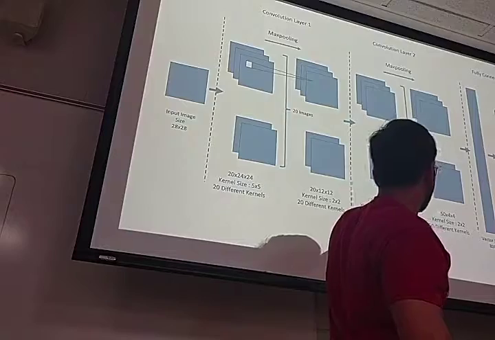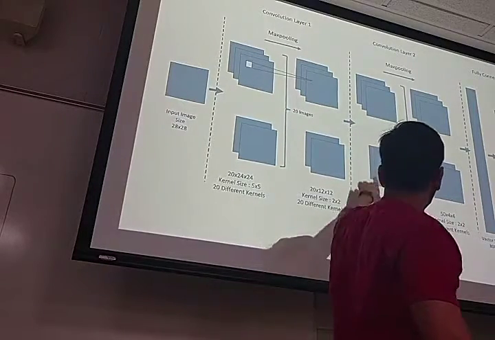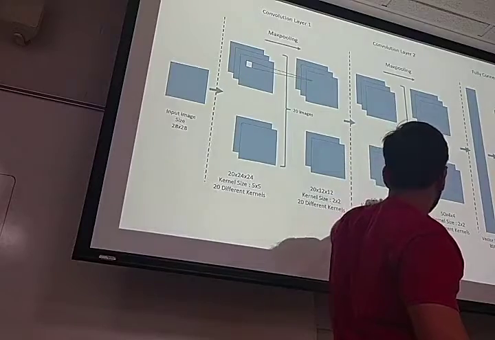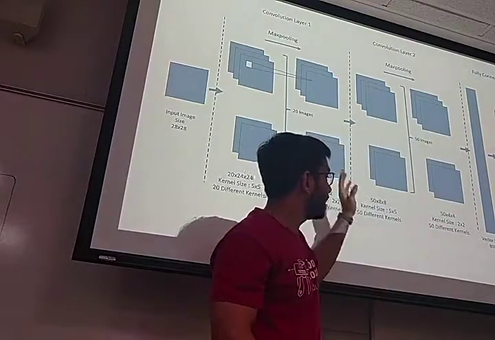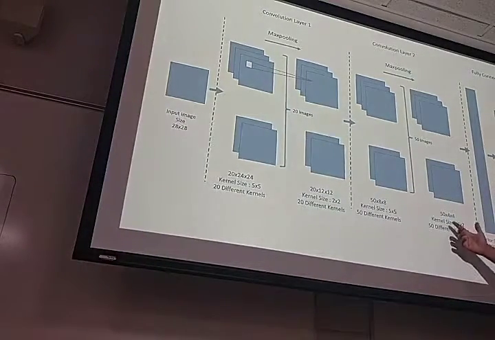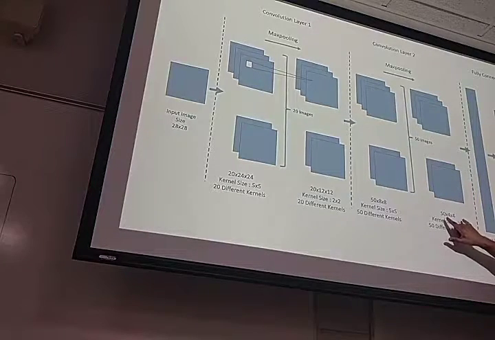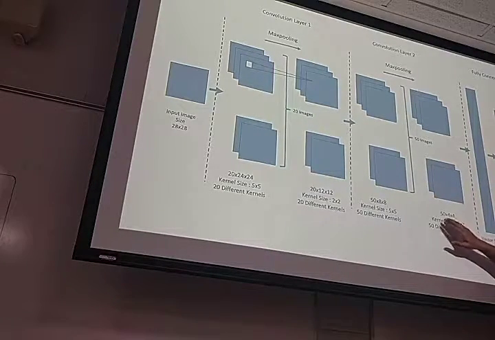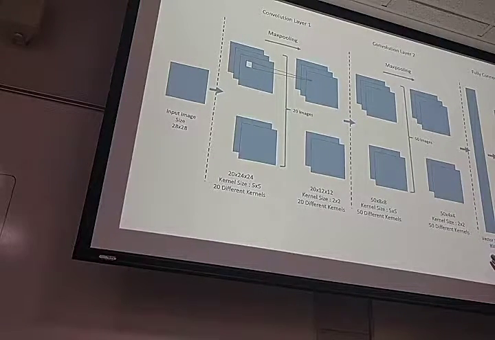The image again downsamples at each layer to 8 by 8. Since the number of kernels is 50, the total number of images that we get is 50. This data keeps getting populated, and in the end we get a tensor of size 50 by 4 by 4, which we flatten into a vector of size 800.